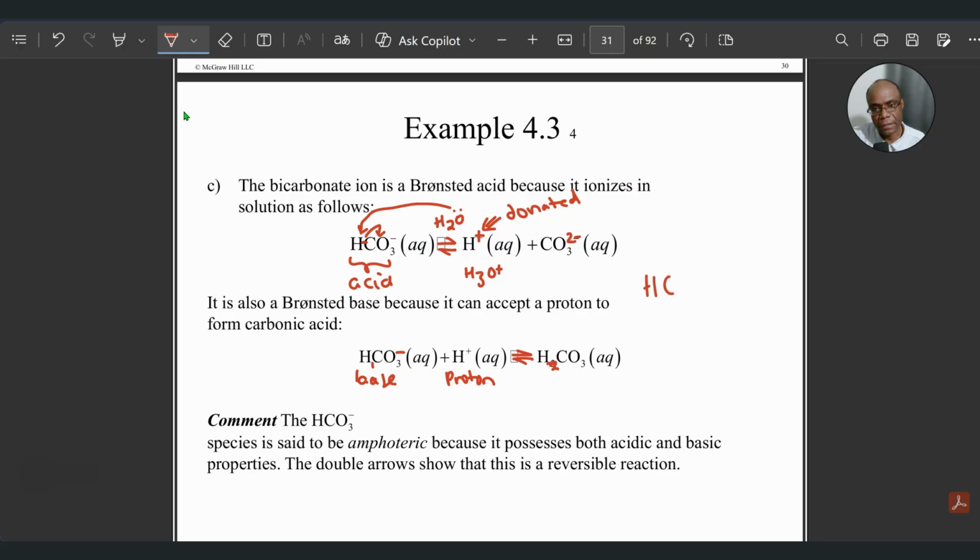So that's why I said HCO3- the bicarbonate or hydrogen carbonate is really amphoteric, because it can play the role of an acid or a base. You say that some animals are amphibians, for example, the toads or frogs, you should say. They can live both in water, they are aquatic, and on land, they are terrestrial. So they are amphibians.